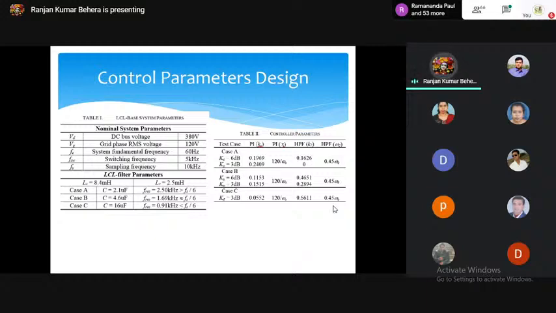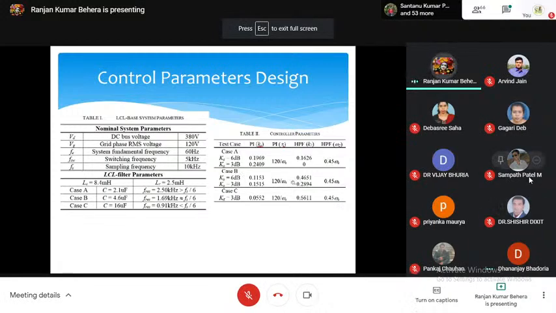If you see this filter parameter, L is 8.4 millihenry and LR is 2.5 millihenry. You can see two bands, one is 6 dB and the other 3 dB. So there are these three parameters.